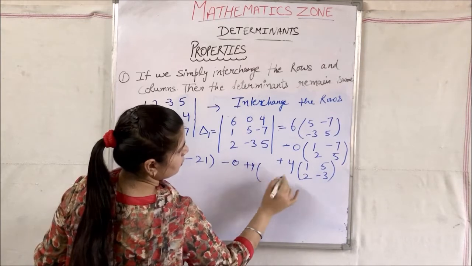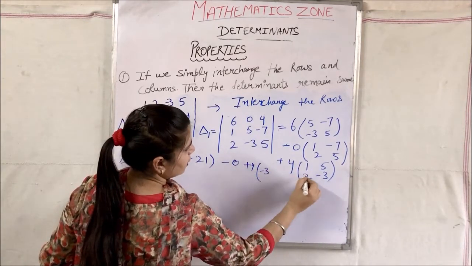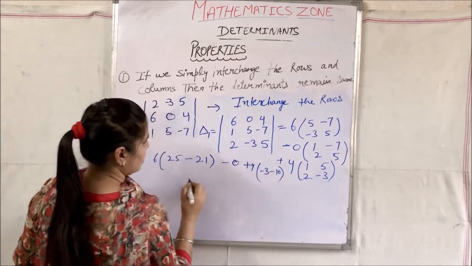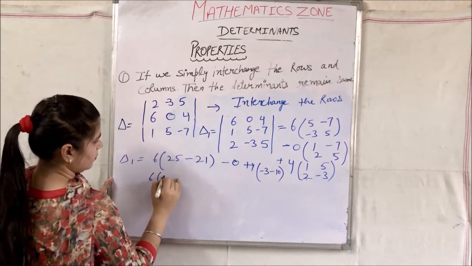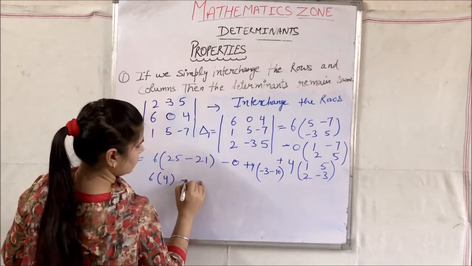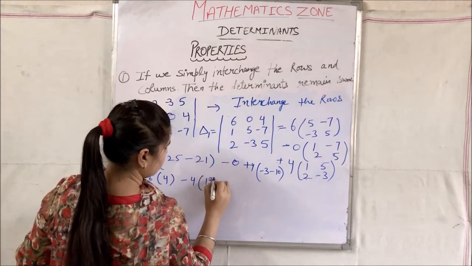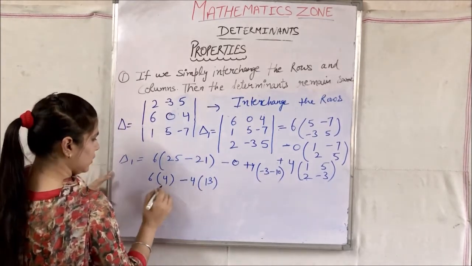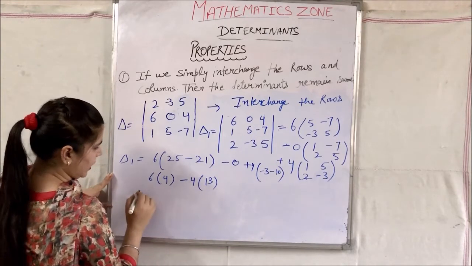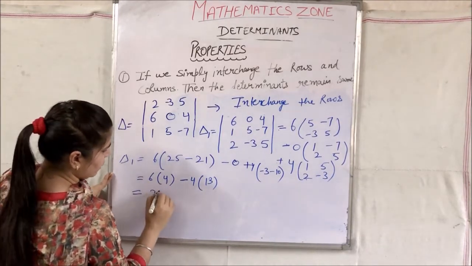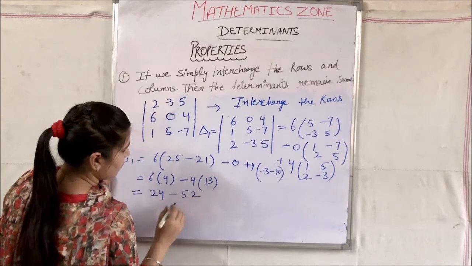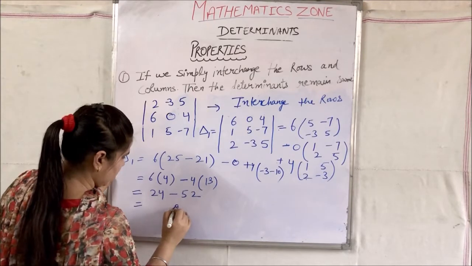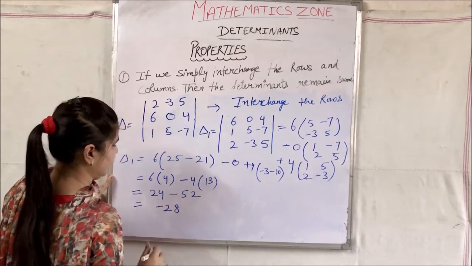Plus 4. 1 into 3 is minus 3, 5 twos are 10 with negative sign. Plus 3, 13 with negative sign. So the negative sign will be coming out from the bracket. So 6 fours are 24 minus 52, 13 fours are 52. So after subtracting we will get minus 28.